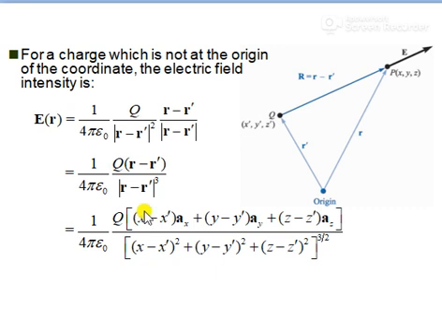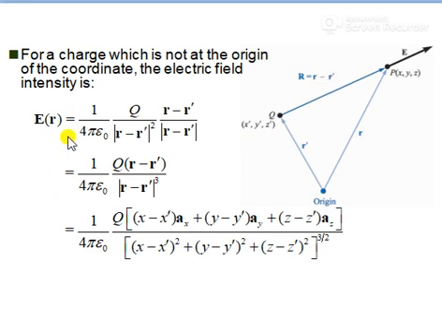Now consider a charge which is not at the origin of the coordinates, as you can see in the figure: Q at x dash y dash z dash, and P at x y z. From the origin the position vectors are r dash and r, and the distance vector is r minus r dash.